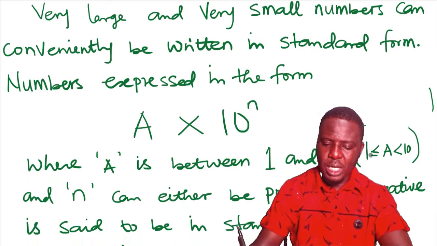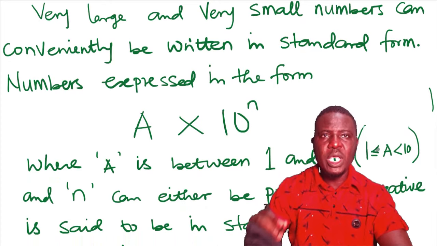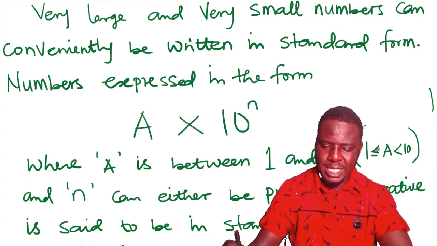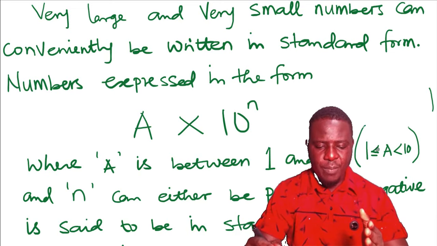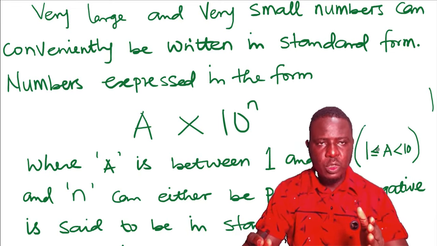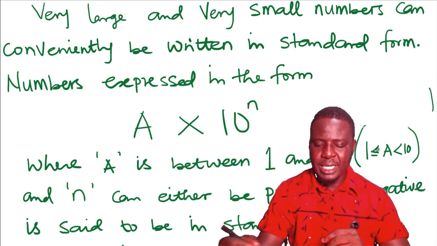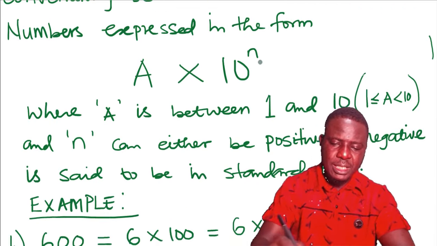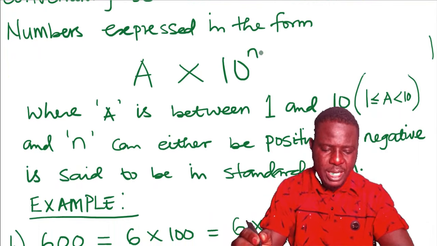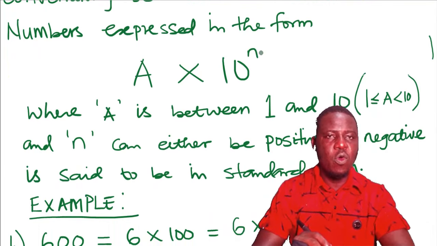That is, 1 is less than or equal to a and a is less than 10. So a can take the number 1 to 9. That is, 10 is exclusive. And n can be said to be either a positive or negative whole number.